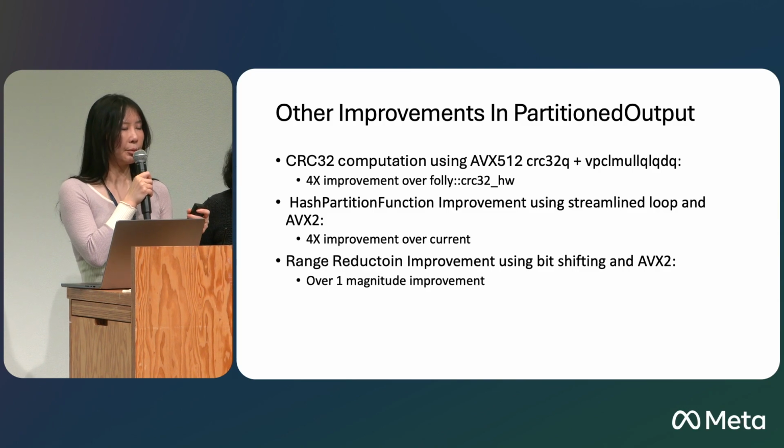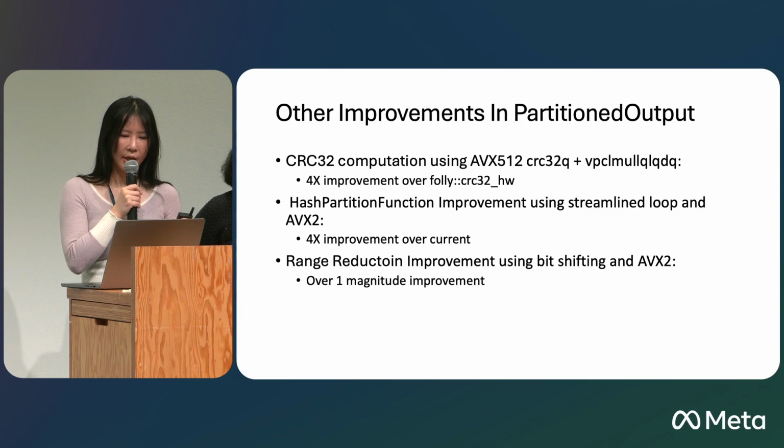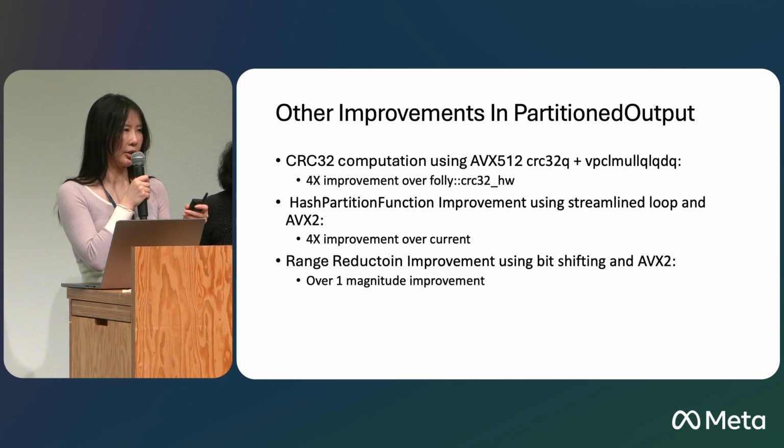Other improvements include improved CRC32 computation, which is not included in my test numbers, but thanks to Bingwei, we are able to do 4 times faster than the current Folly CRC32 hardware function implementation.